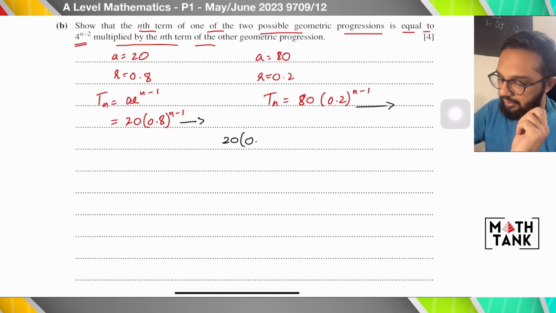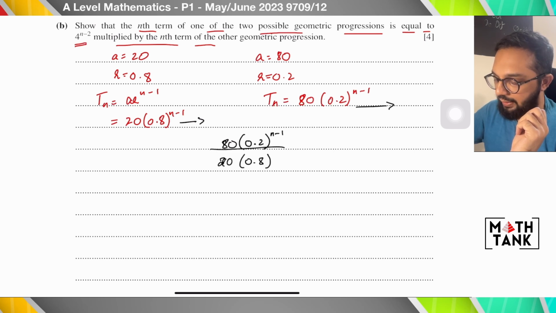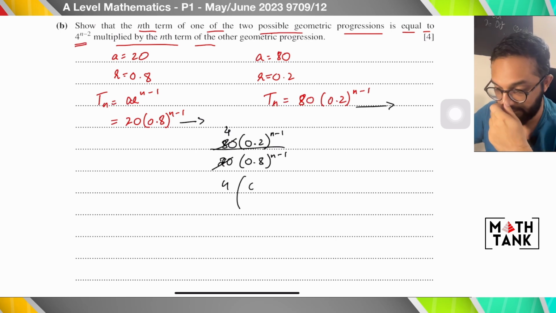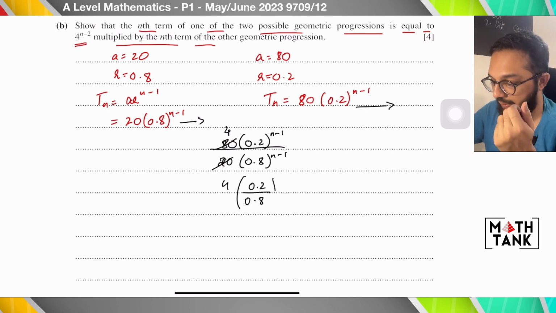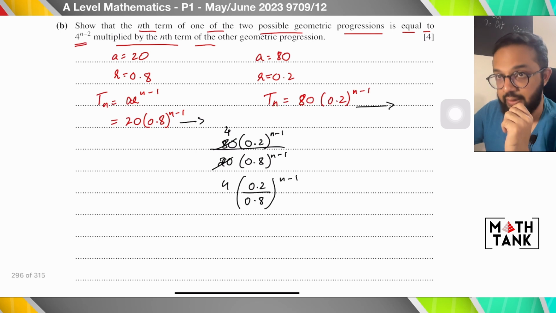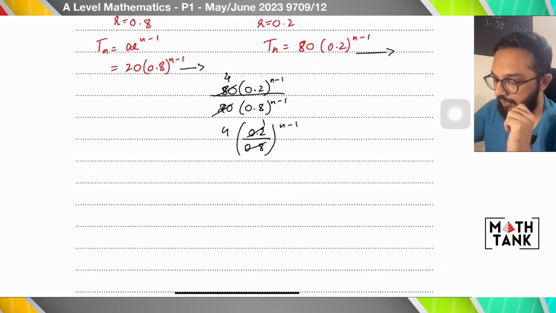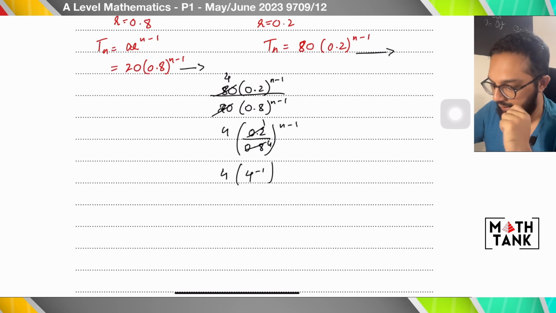So I think if I want to get 4, I should divide the second one by the first one. That is going to give me a 4 right at the start. Okay, so this is 4. And then this is 0.2 over 0.8 and the power comes out as common first. That gives me 1 over 4. So 1 over 4 is 4 power minus 1.